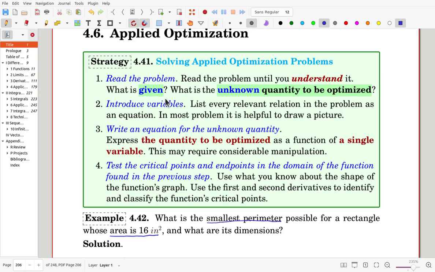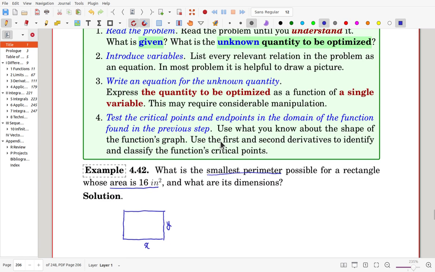And that is now three components. If you understand these three, then you really understood it. And for this optimization problem, now you have to express the quantity to be optimized as a function of a single variable.